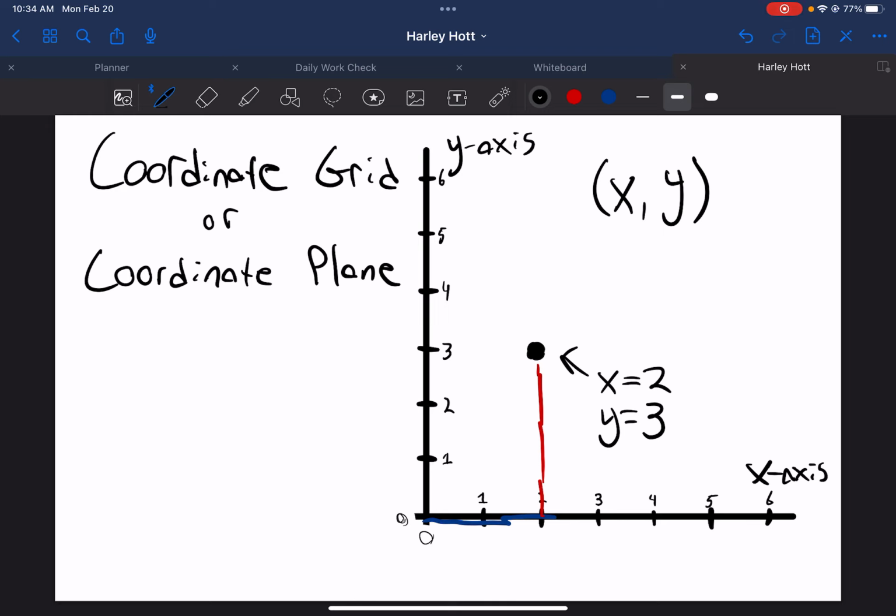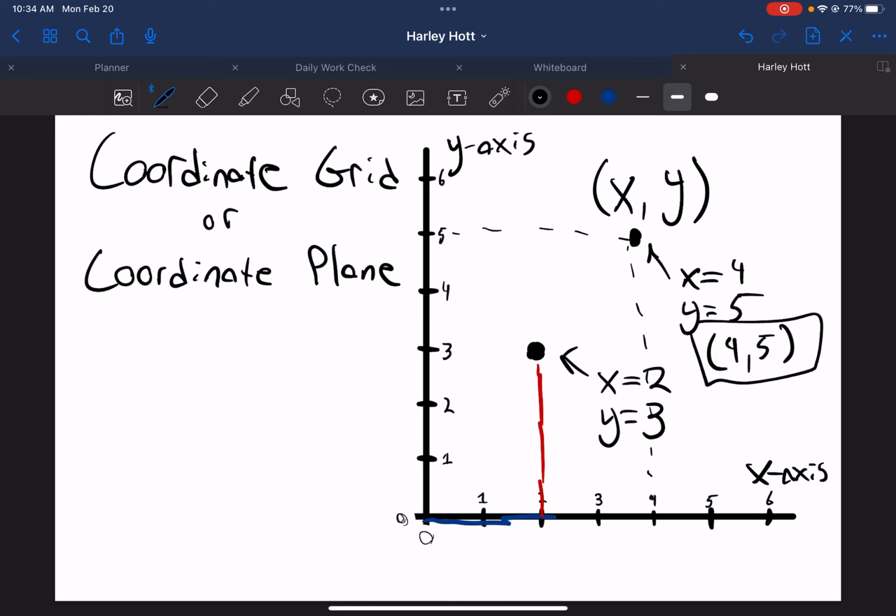So if I plot a point right here, that tells us that this value has an x of 4 and a y of 5. And we represent that with just 4, 5, this ordered pair. This is called an ordered pair. It can often be just referred to as a coordinate, though.